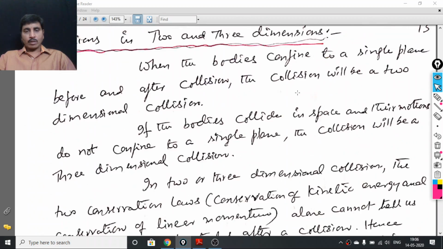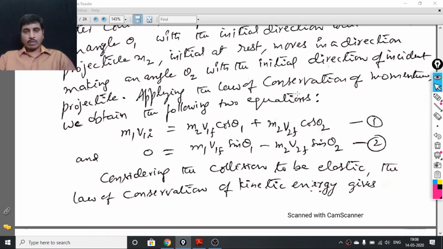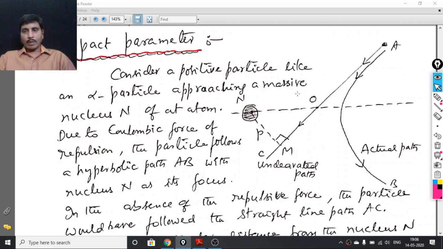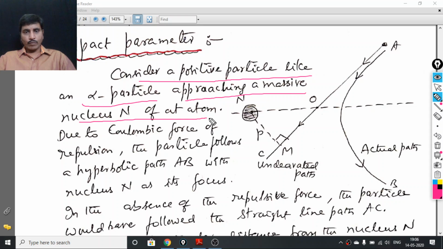Now, I would like to explain two important short points: impact parameter and scattering cross section. First point is impact parameter. Consider a positive particle like an alpha particle approaching a massive nucleus N of the atom.